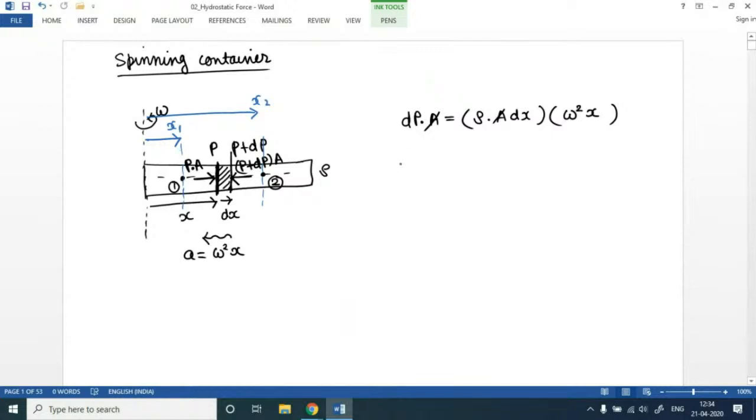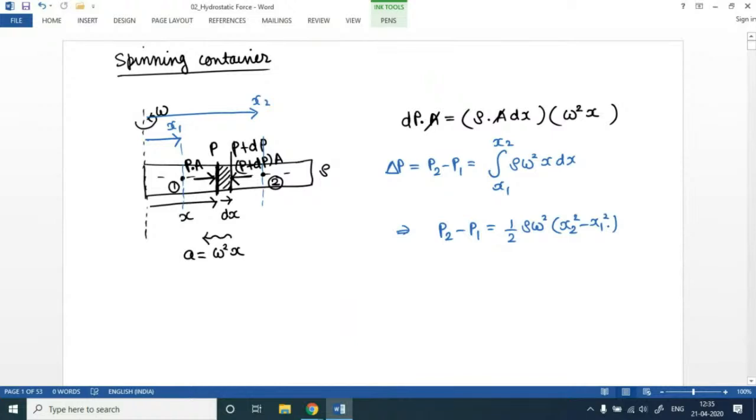To find the pressure difference delta P, which is P2 minus P1, we need to integrate rho omega square x dx from x1 to x2. This simply gives P2 minus P1 equals half rho omega square into x2 square minus x1 square.